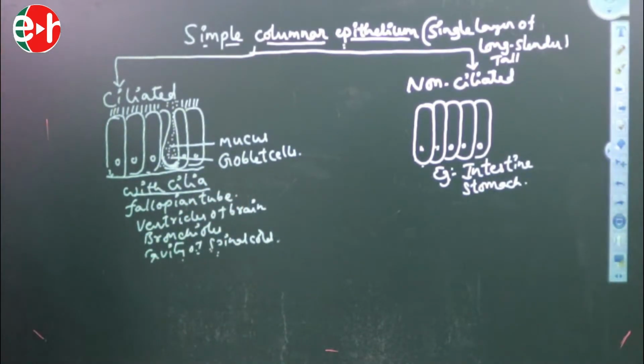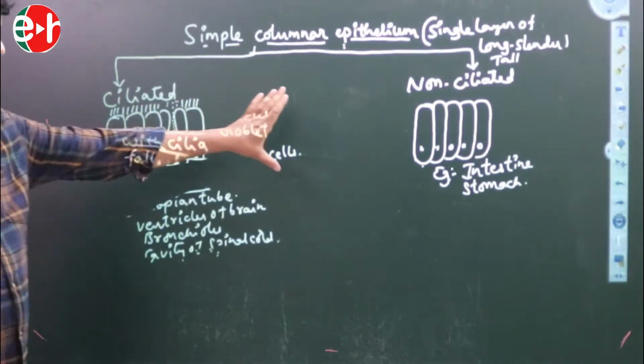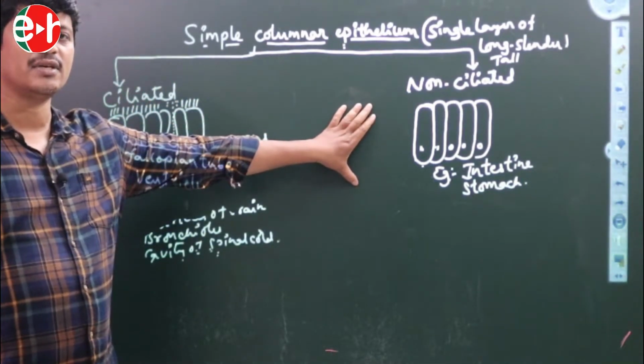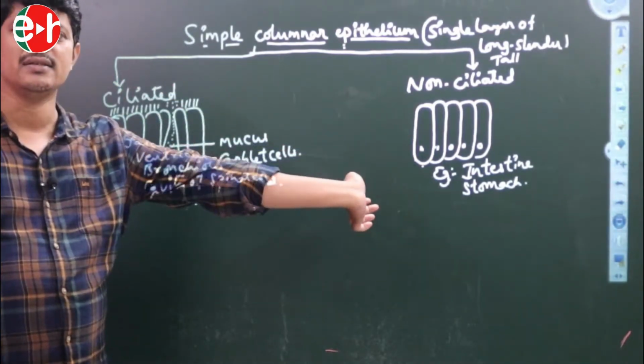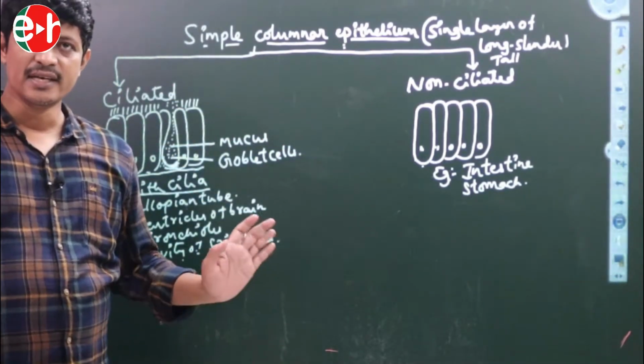These are the examples showing the differences between ciliated and non-ciliated columnar epithelium. Okay? This is the complete explanation of the epithelial tissue.